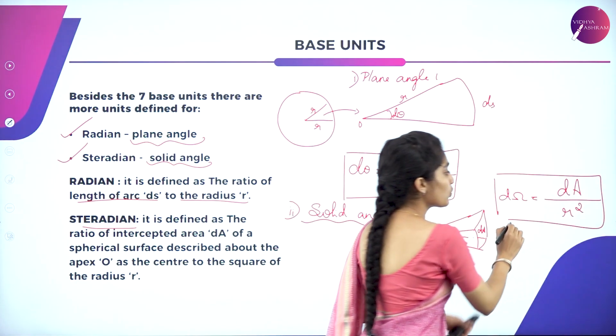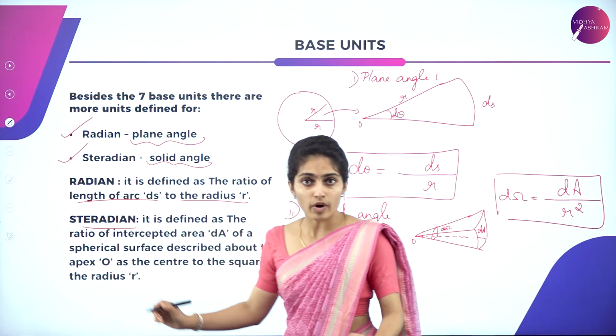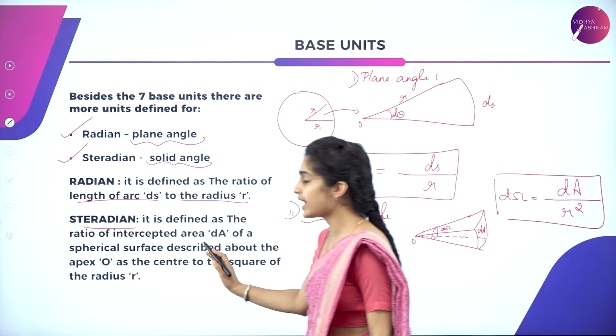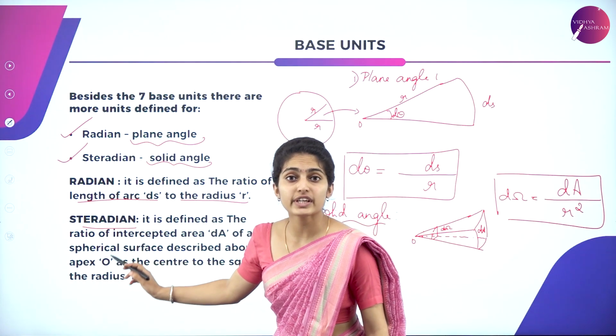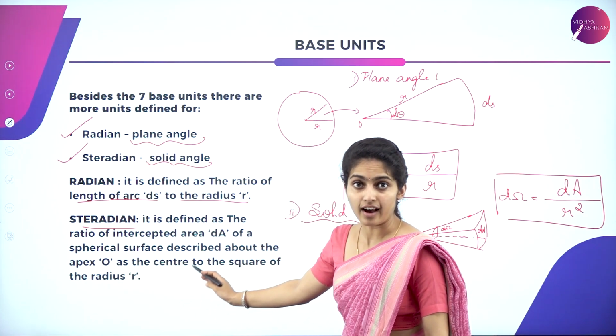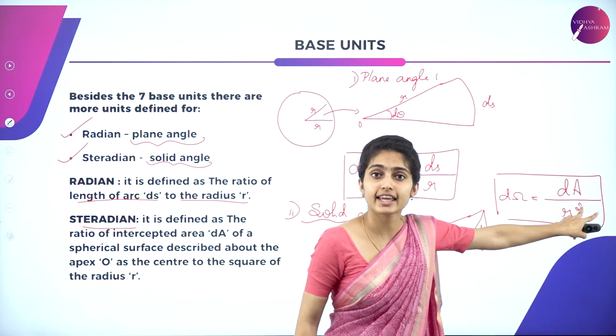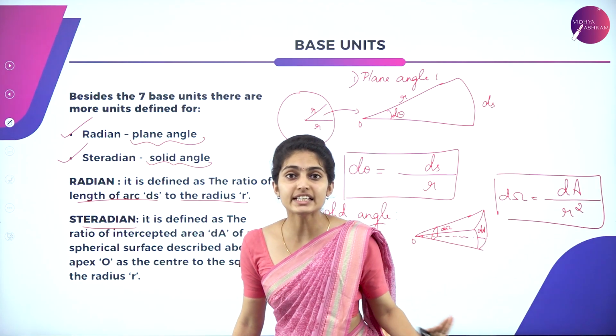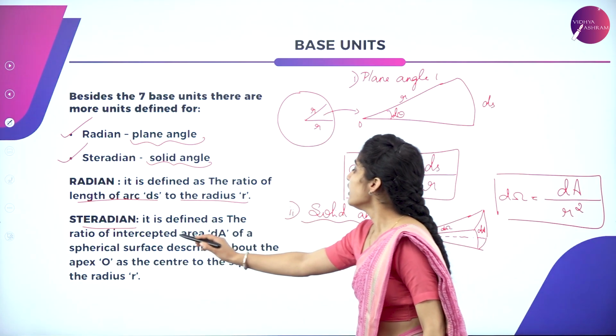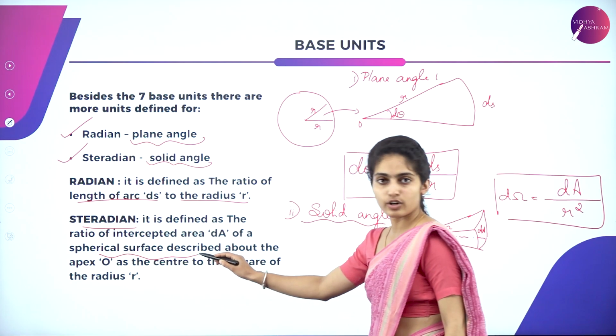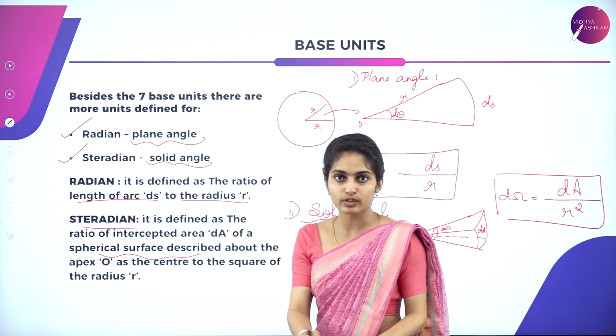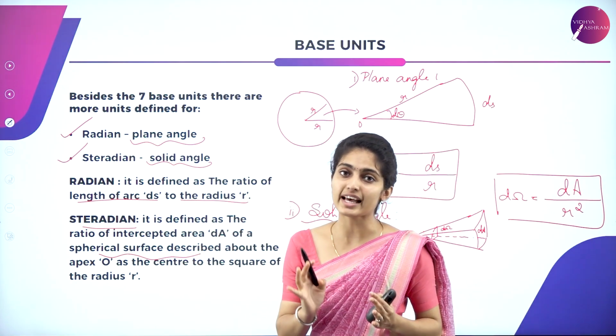Okay, so this is the equation for steradian. So what is this steradian? It is defined as the ratio of intercepted area, which is given as dA, of a spherical surface. You are taking a spherical surface for plane angle as well as solid angle.